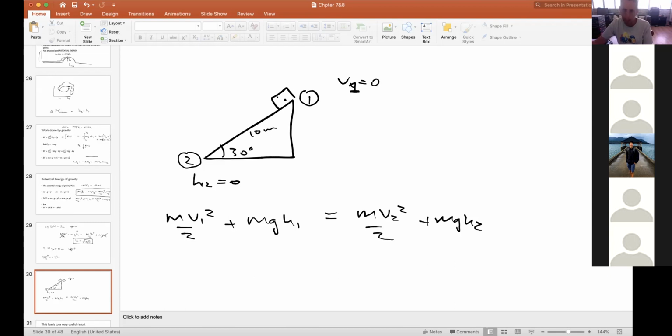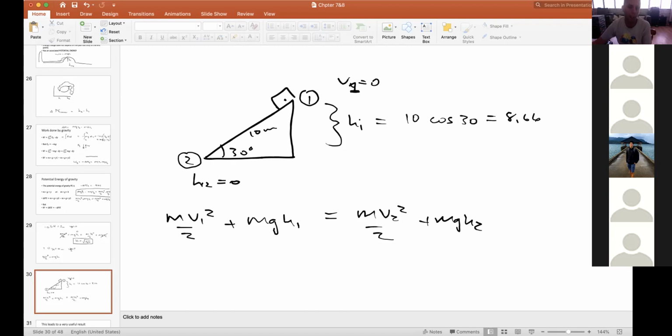It's not the distance up the plane. This has got to be h1. Now, h1 here would be hypotenuse times cosine, so 10 cos 30, whatever that happens to be. And I picked a bad number. I should have probably picked 60 because that's easier. But 10 cos 30 is 8.66.